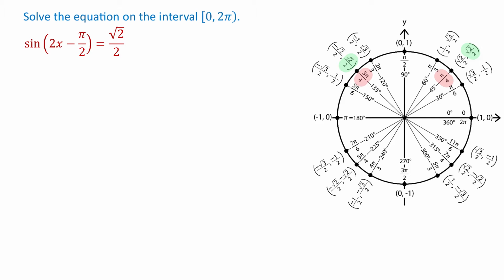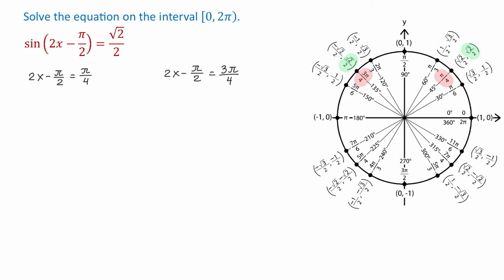So then, we can write that the input 2x minus pi over 2 equals pi over 4, and 2x minus pi over 2 equals 3 pi over 4. But now these are not the only two angles where the value of sine is square root of 2 over 2.